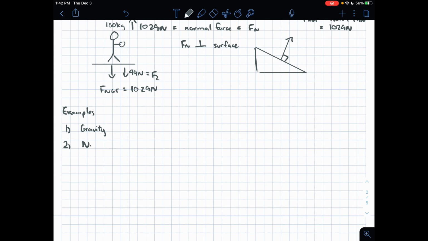The next type of force that you should know is the normal force, which we just went over.